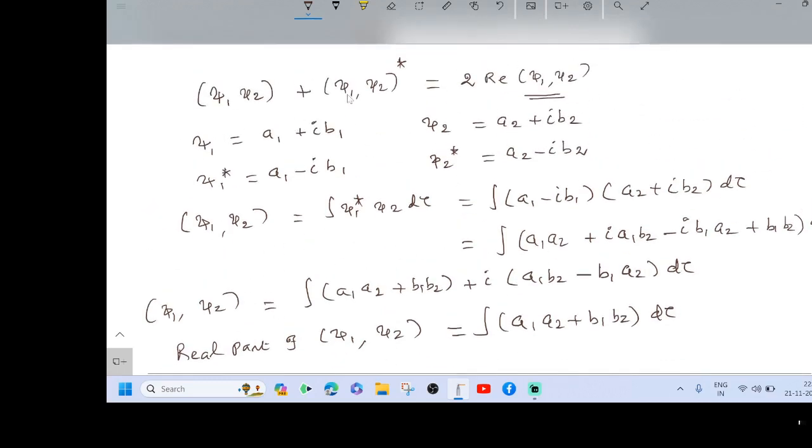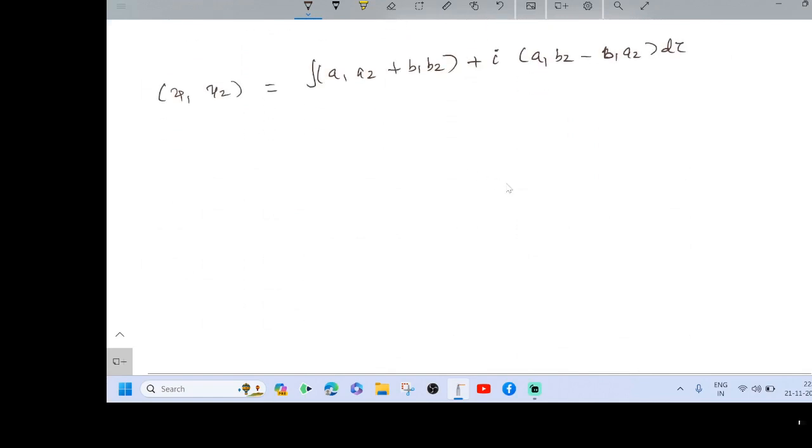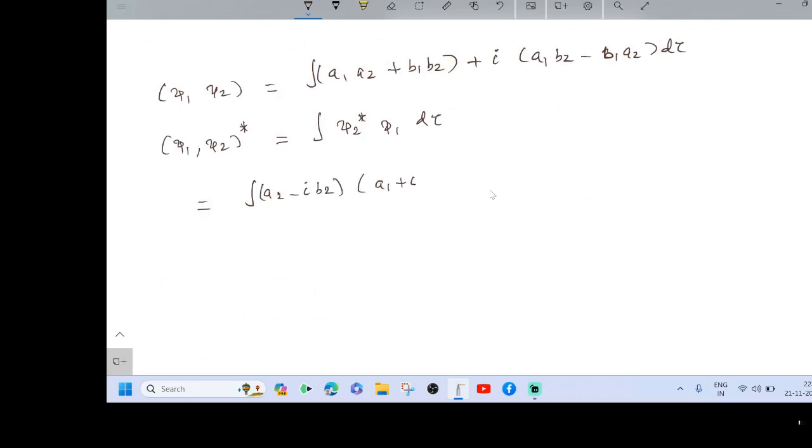Now we have to find out psi 1 comma psi 2 whole star. Psi 1 comma psi 2 whole star is equal to the integral of psi 2 star psi 1 into d tau, where the value of psi 2 star is a2 minus I into b2 and the value of psi 1 is a1 plus I into b1, into d tau.